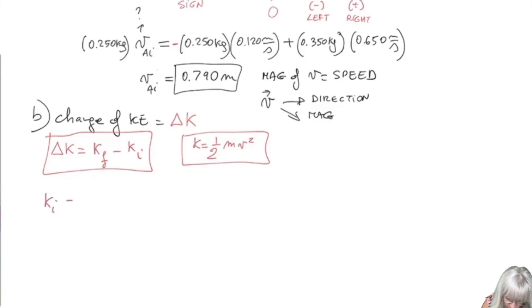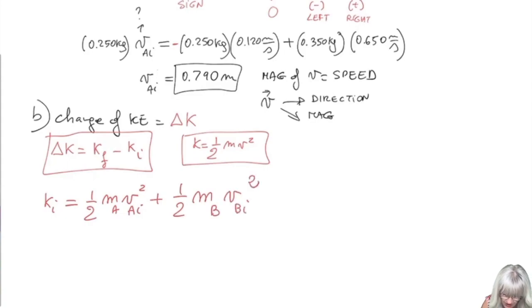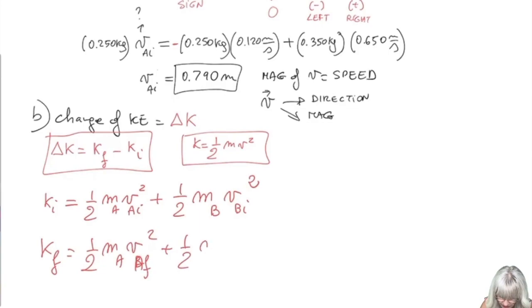Kinetic energy initial will be the kinetic energy initial of body A plus the kinetic energy initial of body B. Kinetic energy final will be, again, body A, but with the final velocity of body A, and here again body B, with the final velocity of body B. Okay, so that's all we need to compute.